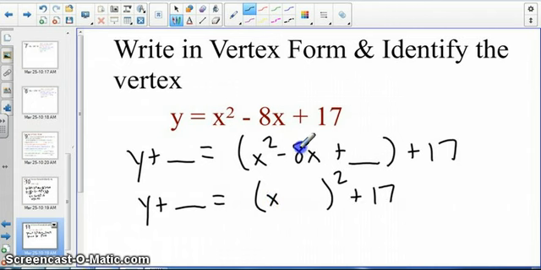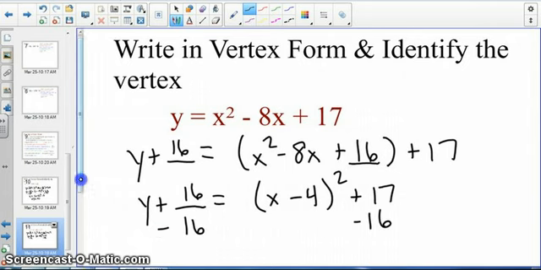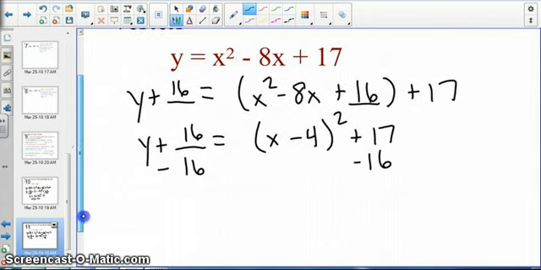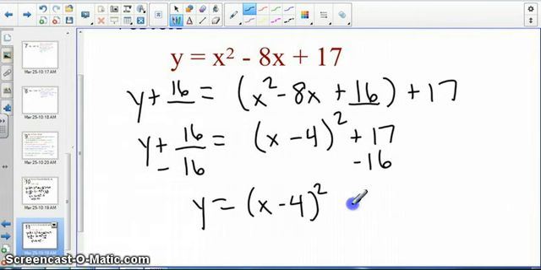So b divided by 2, negative 8 divided by 2 is negative 4, and then square that, that'll give you your C, so 16. All I have to do now is subtract 16 from both sides to get y all by itself, and then I'll have it in vertex form. So x minus 4 squared plus 1.